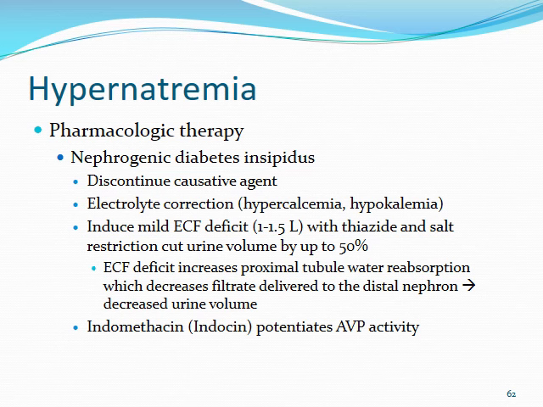It seems counterintuitive to use a thiazide diuretic to decrease urine outflow, but by decreasing extracellular fluid volume, you increase the proximal tubule's water reabsorption, and this decreases the filtrate delivered to the distal nephron. So basically it ends up causing a decrease in urine volume overall. Another drug which can potentially be used is an NSAID called indomethacin, which can help to potentiate the activity of any arginine vasopressin already being released.